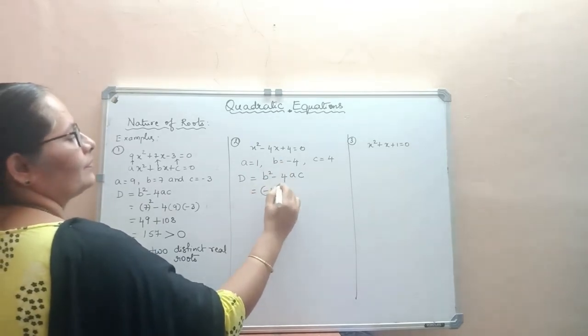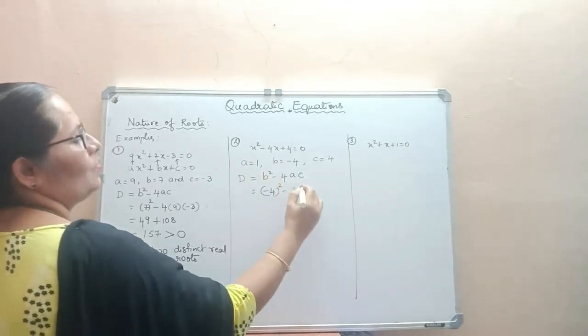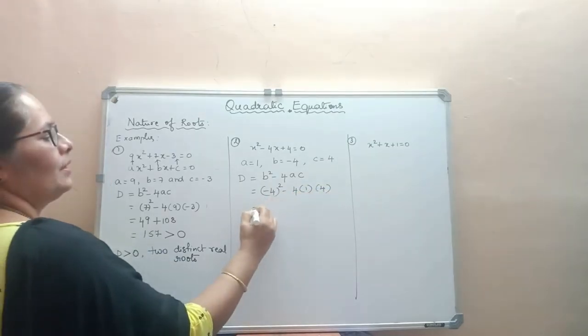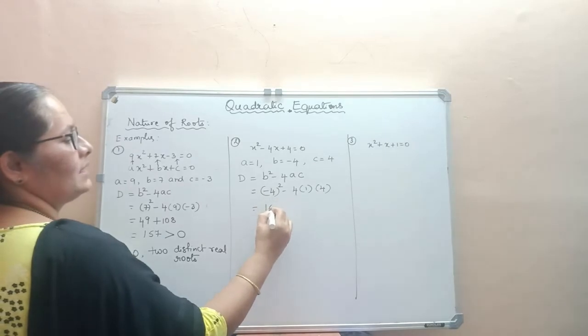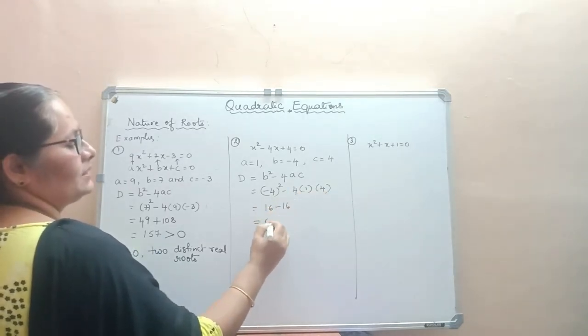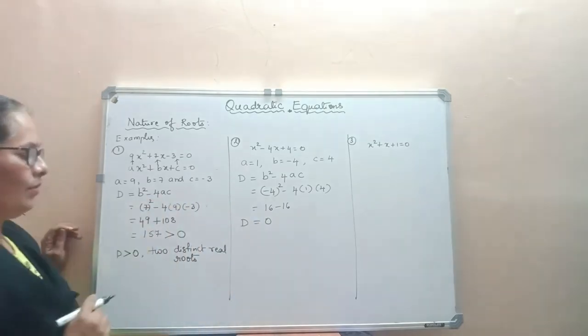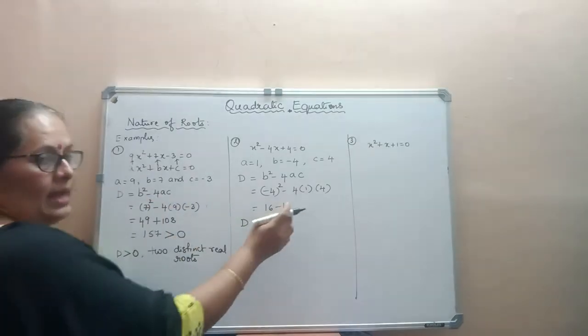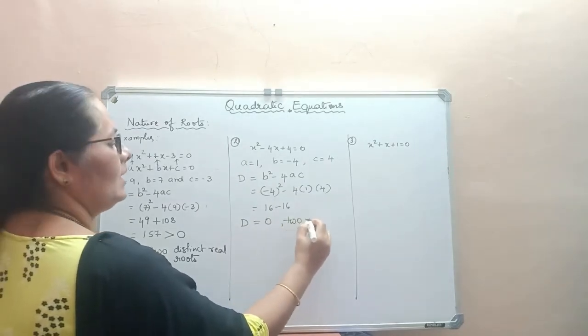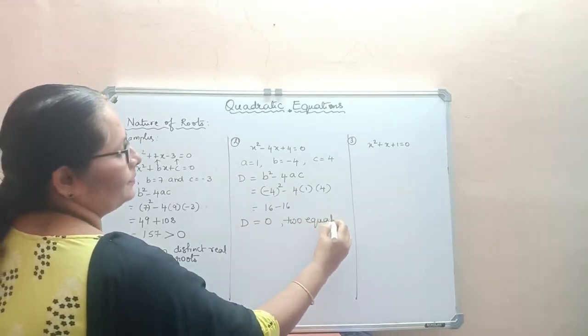Minus 4. What is a? 1. c is 4. So minus 4 square is 16 and minus 4 into 4 is minus 16. So discriminant is equal to 0. It means that it has two equal roots.